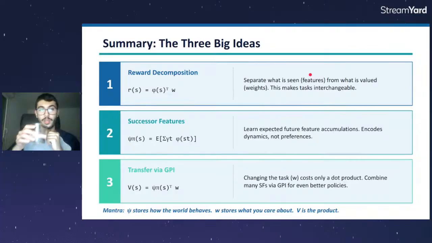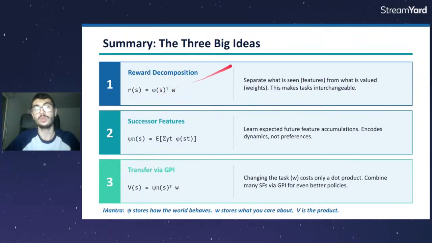So, as a summary, as a takeaway, what you need to keep in mind is the reward decomposition. So we assume that a reward function is a linear combination of state features. And these state features, we either design by hand or we learn using representation learning methods. So phi of s is going to be a vector that contains the characteristics of the state independently of the task.